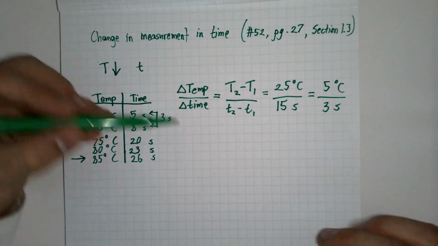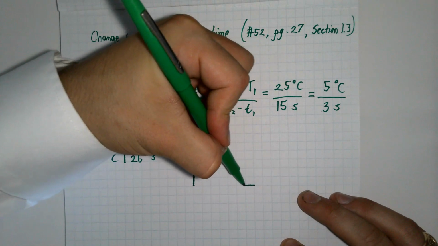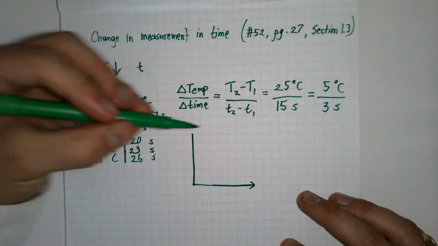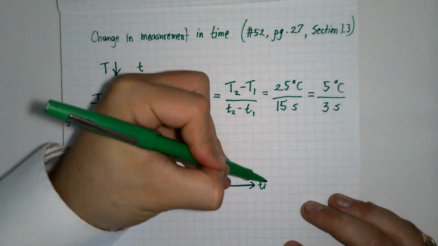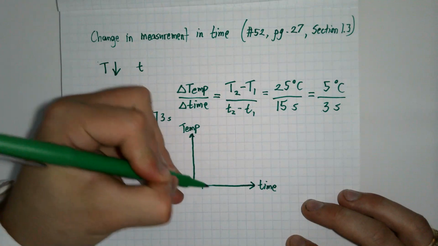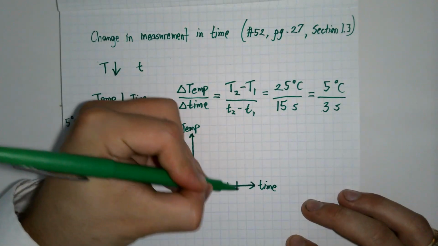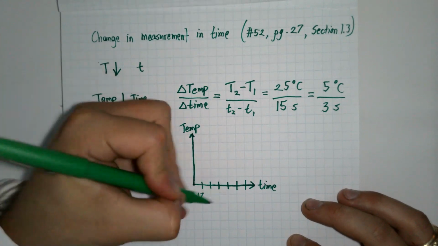I can also graph this, however. I could graph this pretty simply, temperature as a function of time. I see that every 3 seconds, we'll say we start at 17 seconds. Here's 20 seconds.